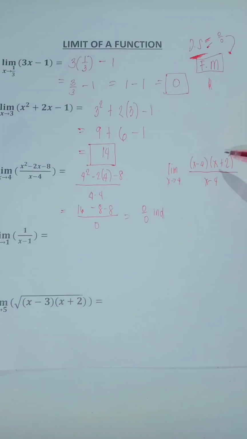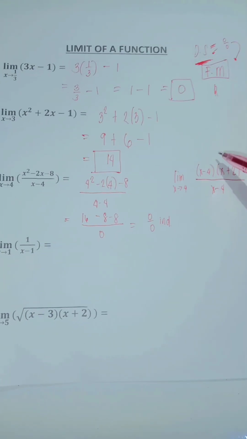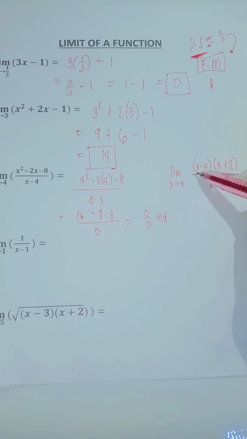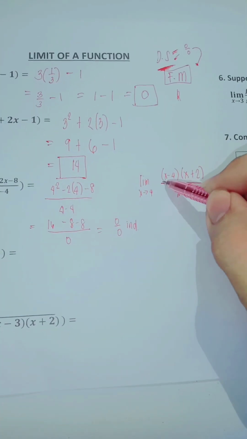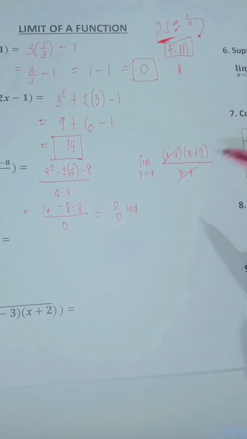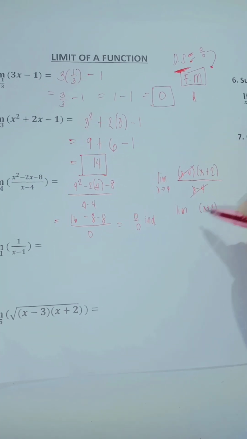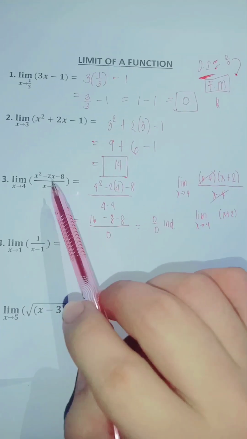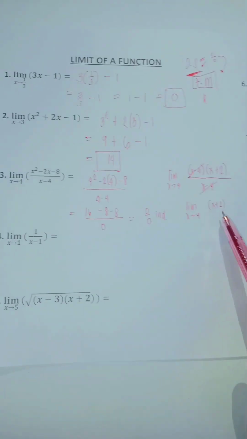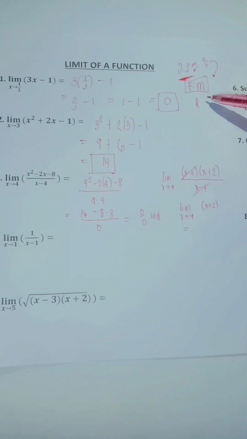Then, we will proceed to cancellation. Meron bang cancellations na magaganap? Meron. Yung common term na makikita sa numerator and denominator, yun yung magka-cancel out. So, ano yung term? That is x minus 4 and the x minus 4. So, yung maiiwan natin is the x plus 2 as x approaches 4. So instead of using this function, pwede natin gamitin yung x plus 2. Pareho lang yung functions na to by factoring method.